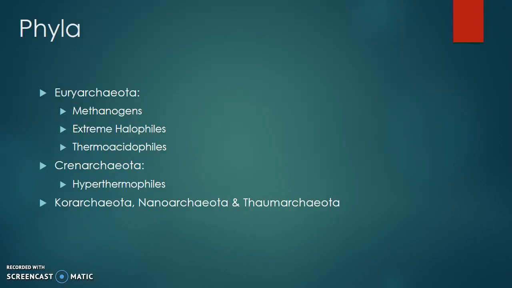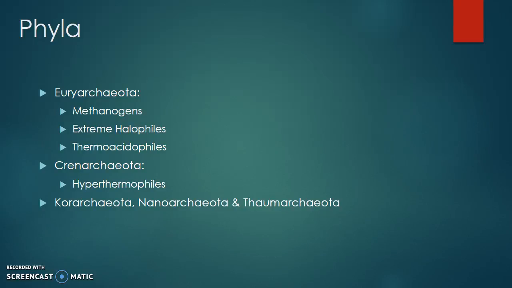Within a domain, you have different phyla, and the two main phyla of the archaea domain are Euryarchaeota, which consist of methanogens, extreme halophiles, thermoacidophiles, and then the second one being Crenarchaeota, which consists of hyperthermophiles.